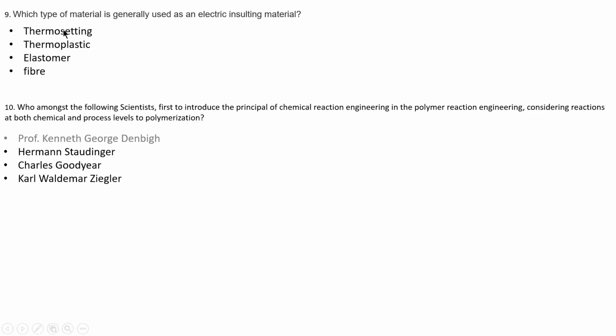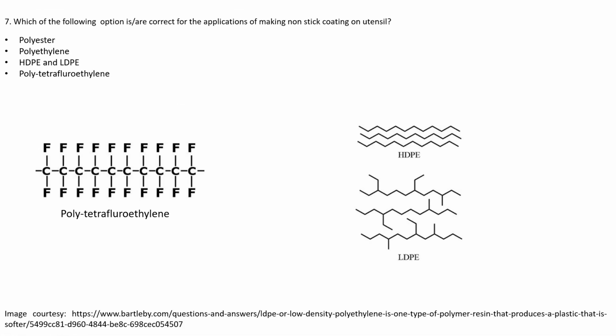Just to clarify, when we were discussing yesterday, there was a doubt about HDPE. We were told that HDPE will have a cross link also, though we are showing it as a linear chain.